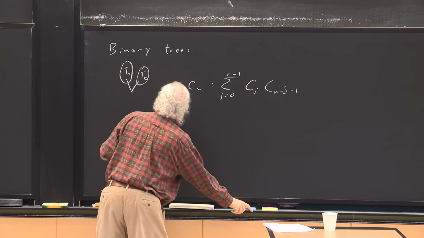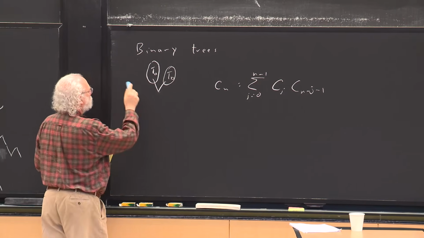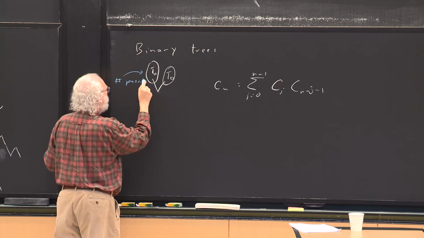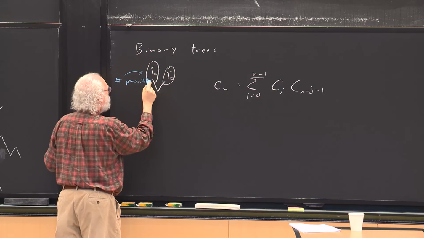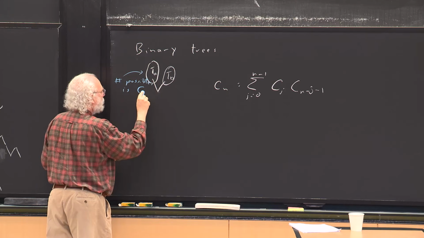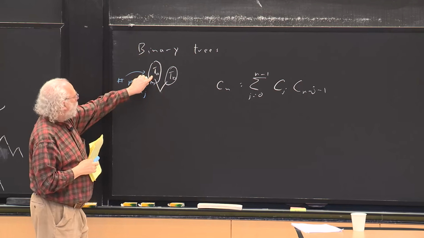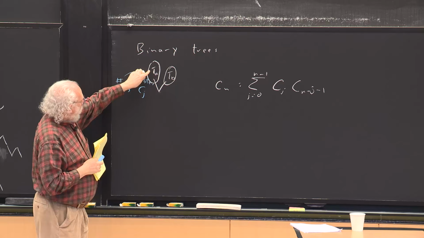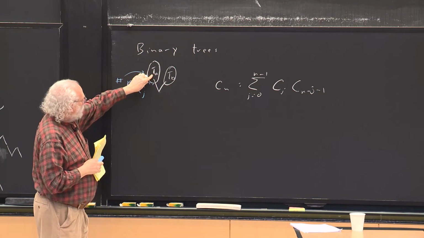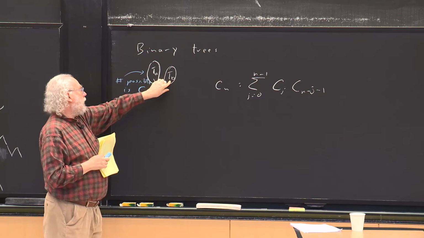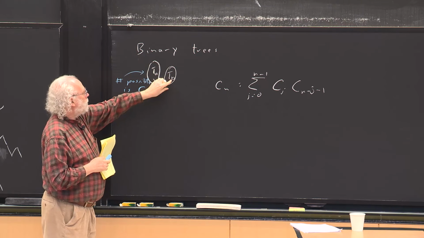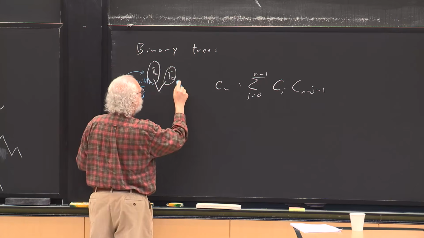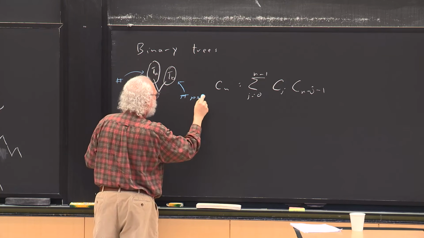Well, the number of possibilities for this tree is C sub j, because it's just a smaller Catalan number. And if this side has 2j plus 1 nodes, this side must have 2n minus 2j minus 1 nodes. And so this is the number of possibilities.